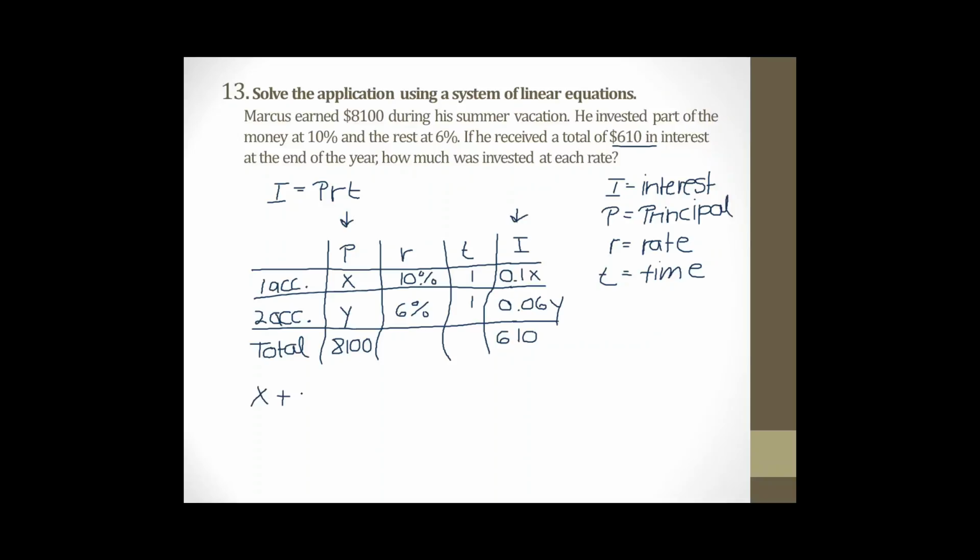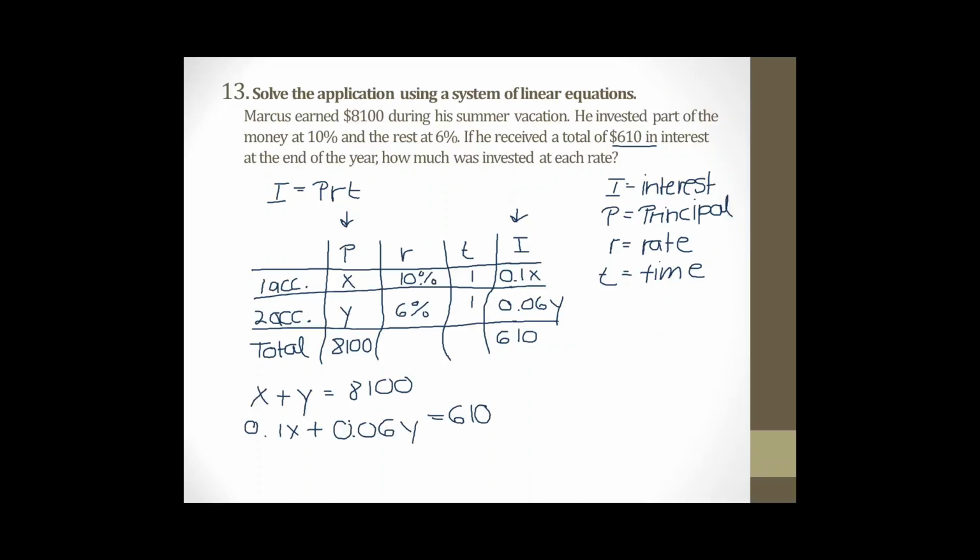So x plus y equals 8,100. And then my second equation, to get my total interest, I take the first account interest, add the second account interest, and I have my total interest. So 0.1x plus 0.06y is equal to 610. Okay, so I have my two equations.